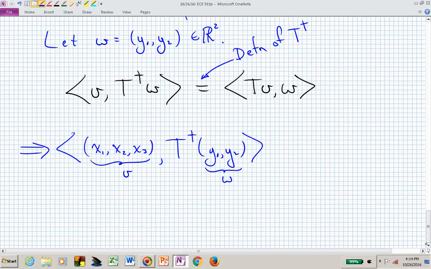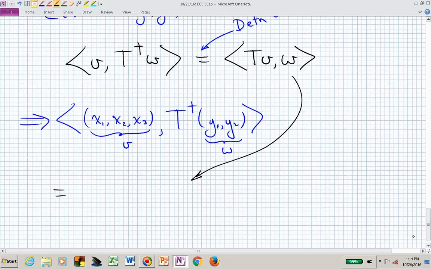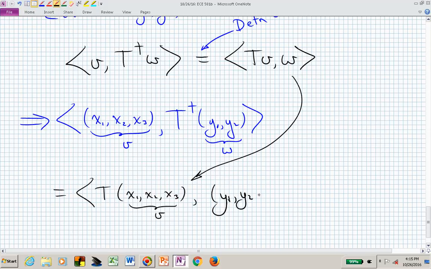But I know that that's equal to this piece. So that's now equal to, let me go ahead and write this down, I have T applied to V, and that's supposed to then be comma W, but let me expand that out to be y1, y2.